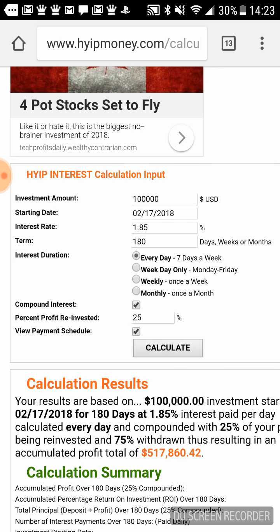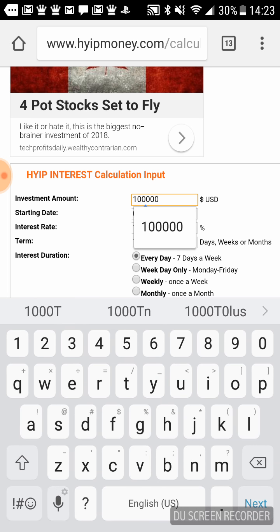But that would be a lot of putting random numbers in up here for the initial investment amount and looking at the results and seeing what happens from there.